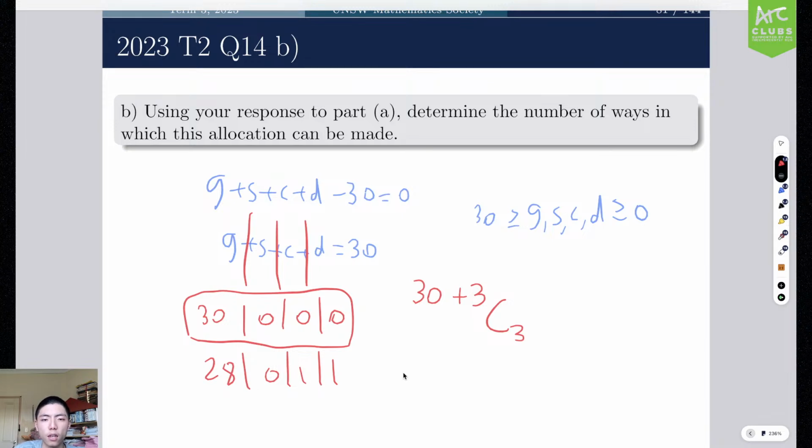You can think of it as having 30 objects and randomly slipping in 3 bars somewhere. Then we would have 33 total things that we are trying to arrange, and we are looking for the 3 positions to put the dividers in. So this would be overall 33C3 if there were no restrictions.